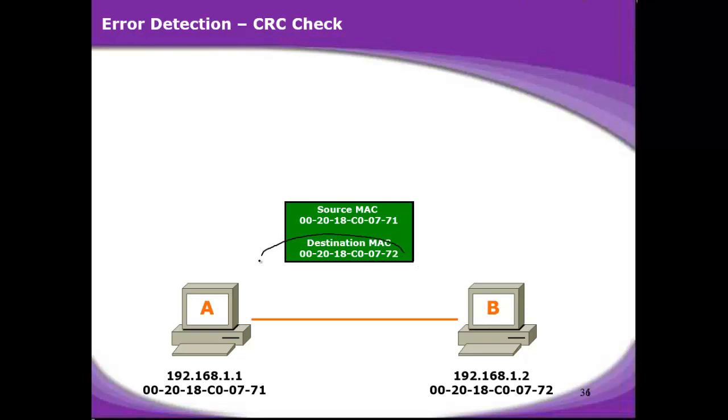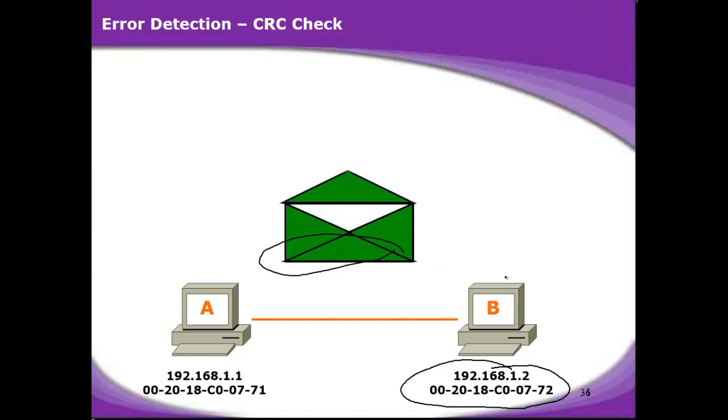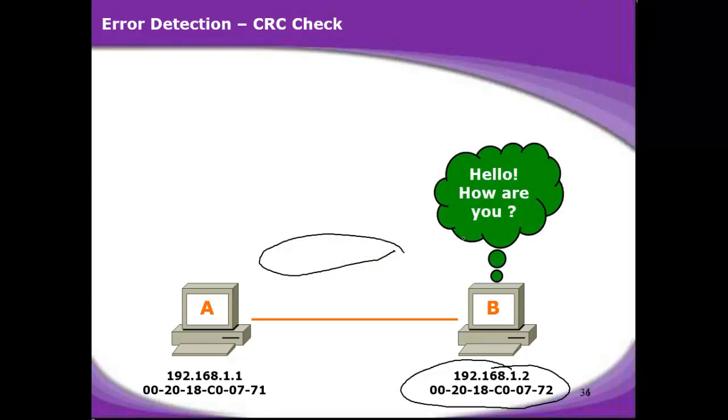If the destination is the same as the destination of this computer, that means this data is intended for me. So after calculating the CRC, it is going to check the MAC addresses. Then the data or the frame is opened up here, de-encapsulated, and the packet is given to the network layer, and then the actual data is received by the receiver.